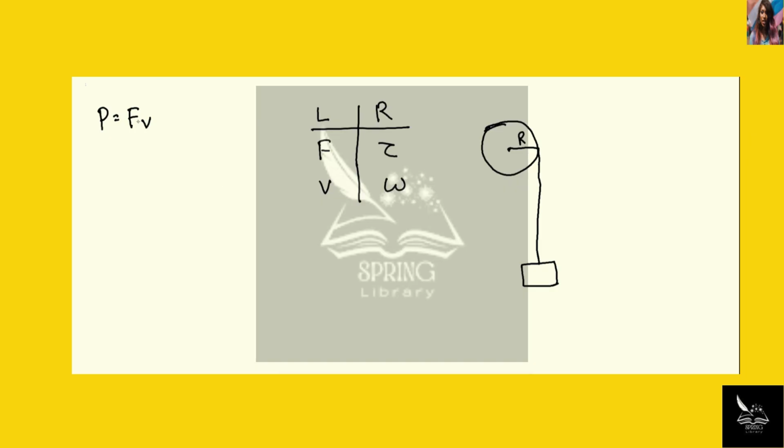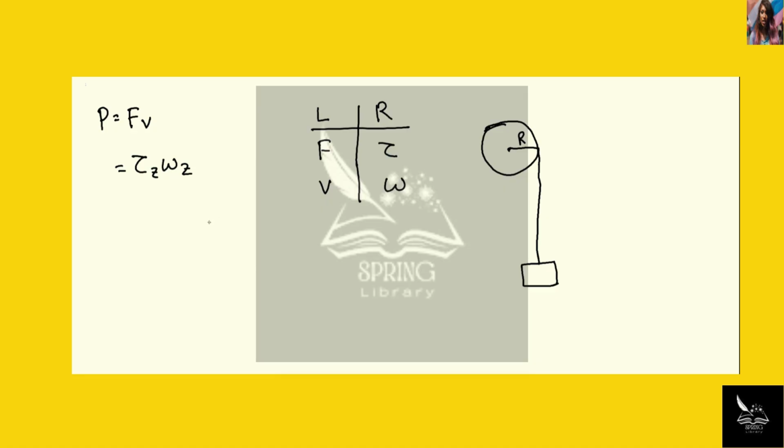So the power output in rotational motion is tau times omega, in the z direction.